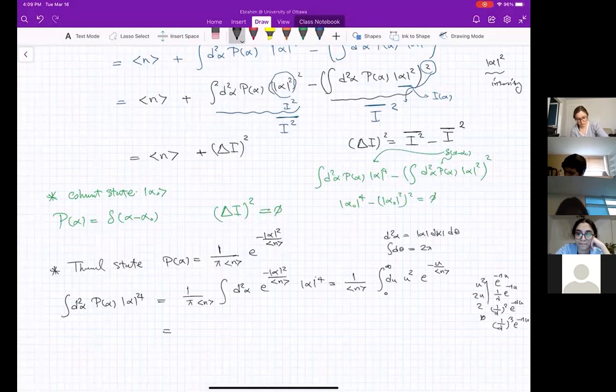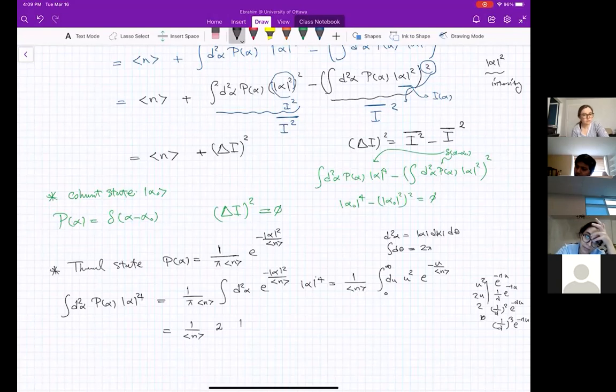Then 1 divided by n̄, 2 out of this, then I have 1 divided by γ, where γ is 1 over n̄, so I get n̄³, which is 2n̄². Good.